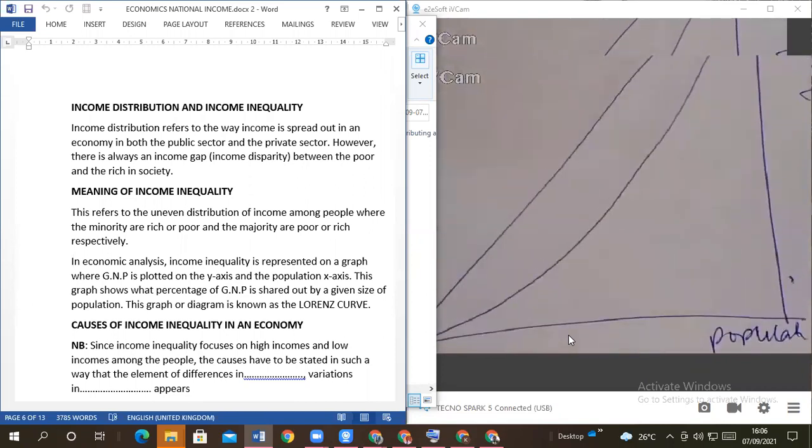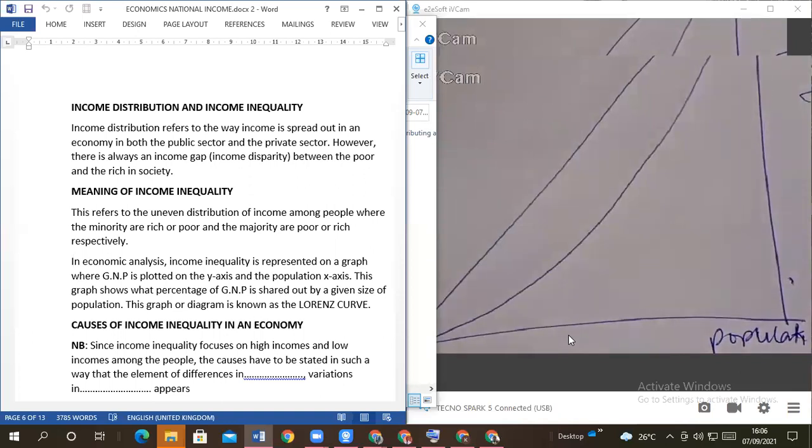Like I said, the graph shows what percentage of GDP is shared out by a given size of population. As you proceed, you are going to study in detail how that curve operates when you move ahead.